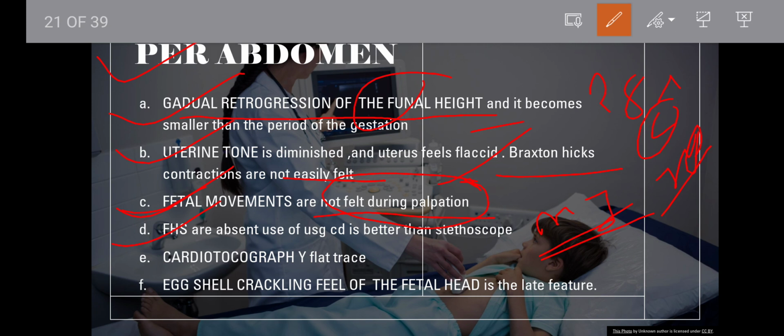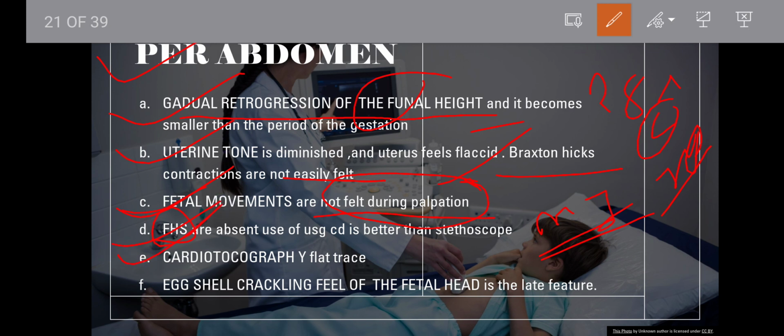Sometimes in case of a live baby, you also may not find fetal heart sounds because of various causes like polyhydramnios, an obese patient, or sometimes if the environment is too noisy. But in case of IUD, surely you will not find the fetal heart sounds. So this is one of the things that you look for during per abdominal examination.